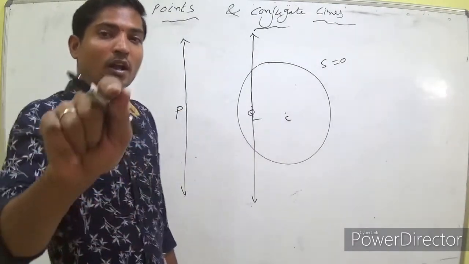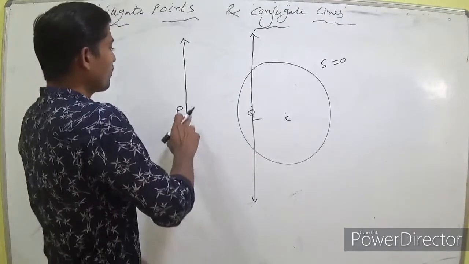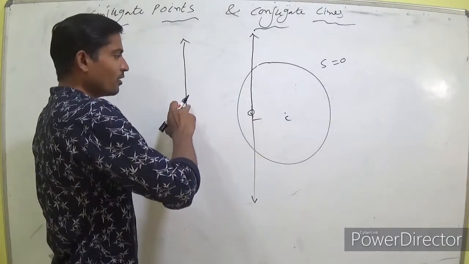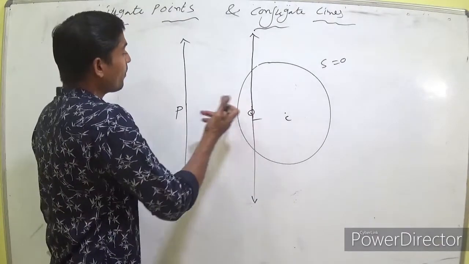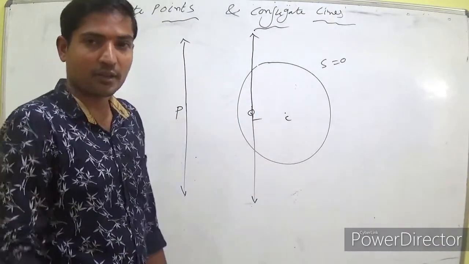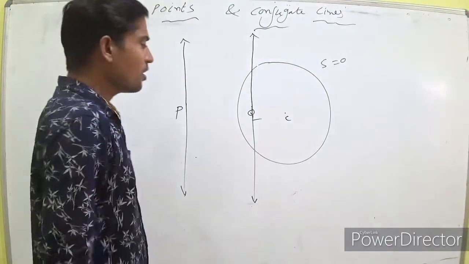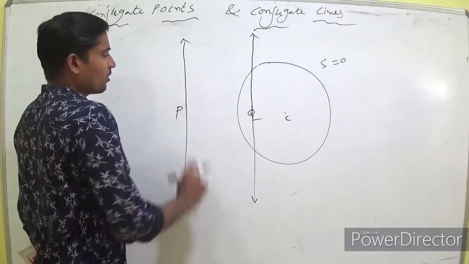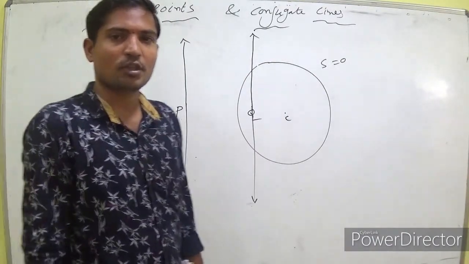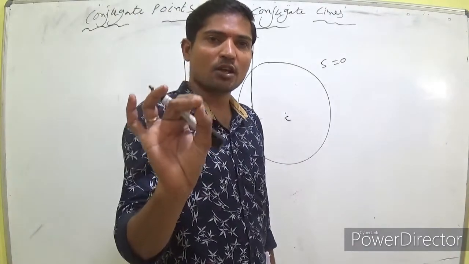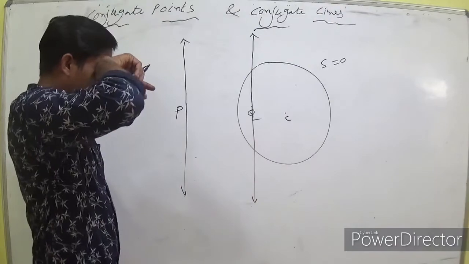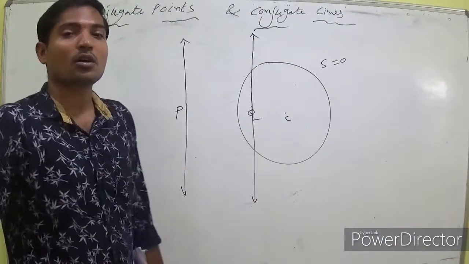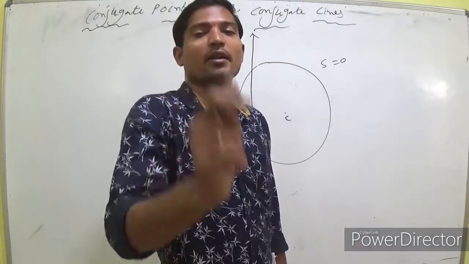So polar of P is passing through Q and polar of Q passing through P. That means P and Q are 2 points, polar of either with respect to the circle passing through one another.